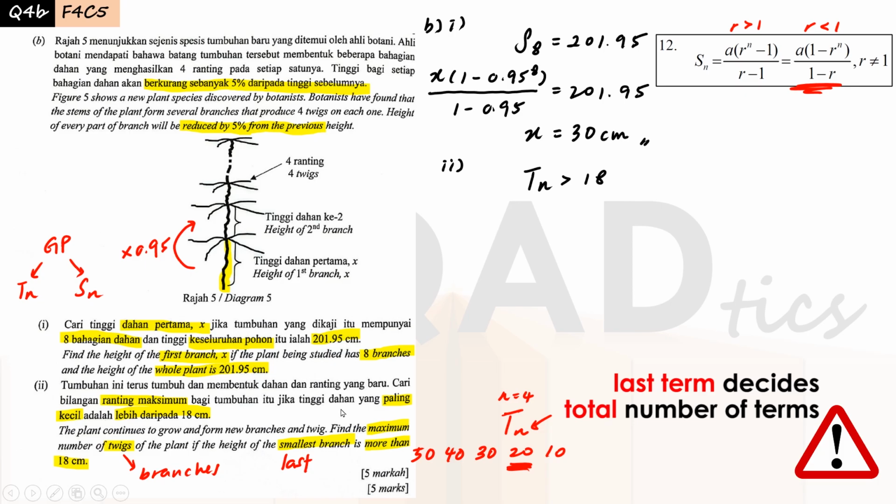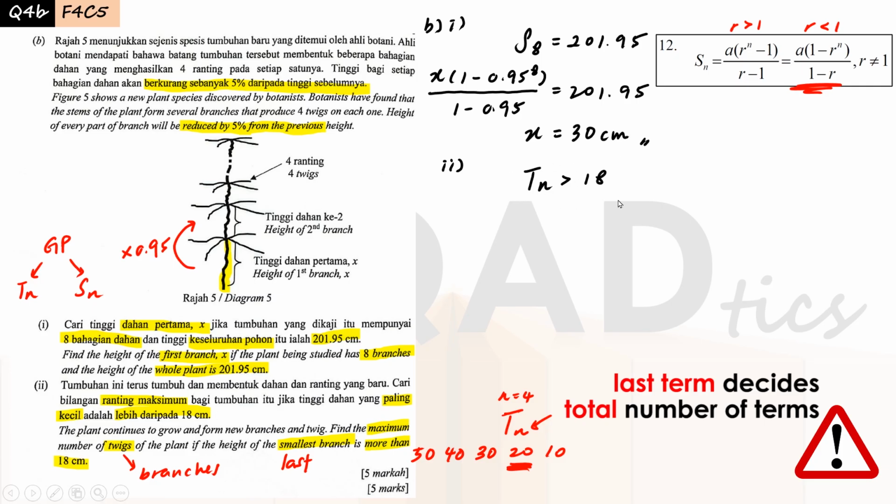If I apply it to this question, if 20 is the height of the last branch, it means this is the 4th branch, so in total there are 4 branches. So the last term helps us to find the total number of terms. What we need to do is just use this Tn and apply it with this condition, and we find the value of n, as we see here.